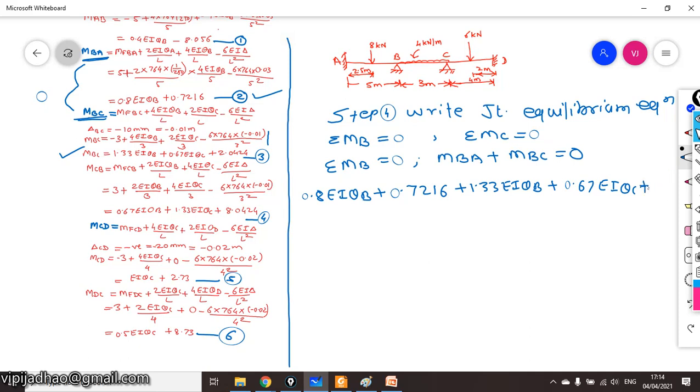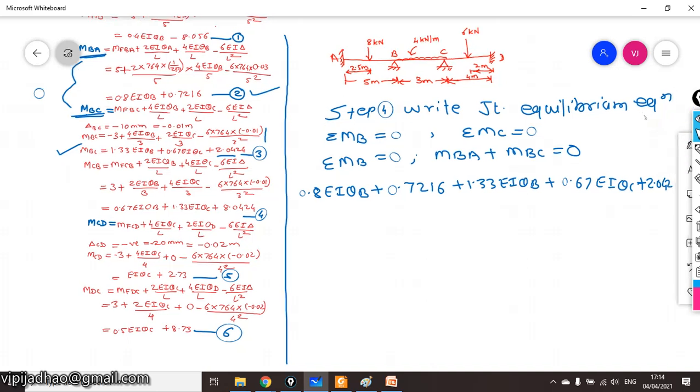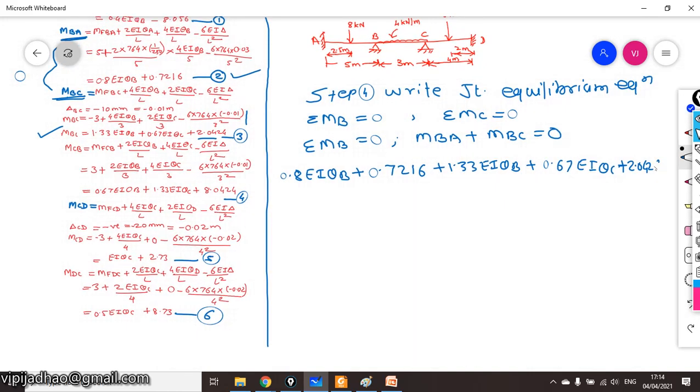plus 2.0424. Okay, so this is equal to 0. Just simplify this.